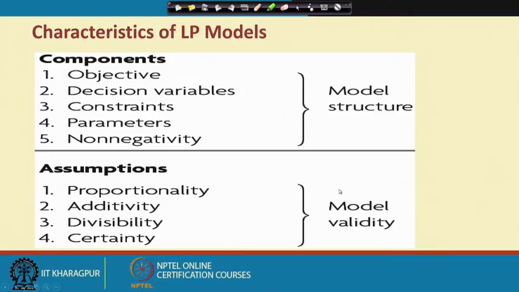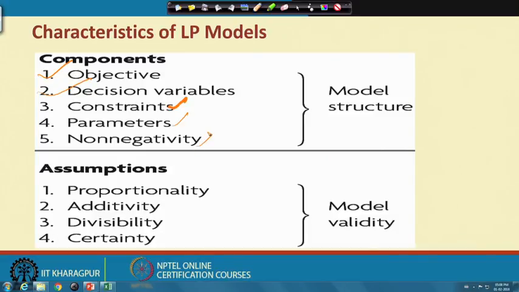Okay, so this is how the particular issue is. So, we have objective functions and we have decision variables, constraints, parameters and non-negativity.